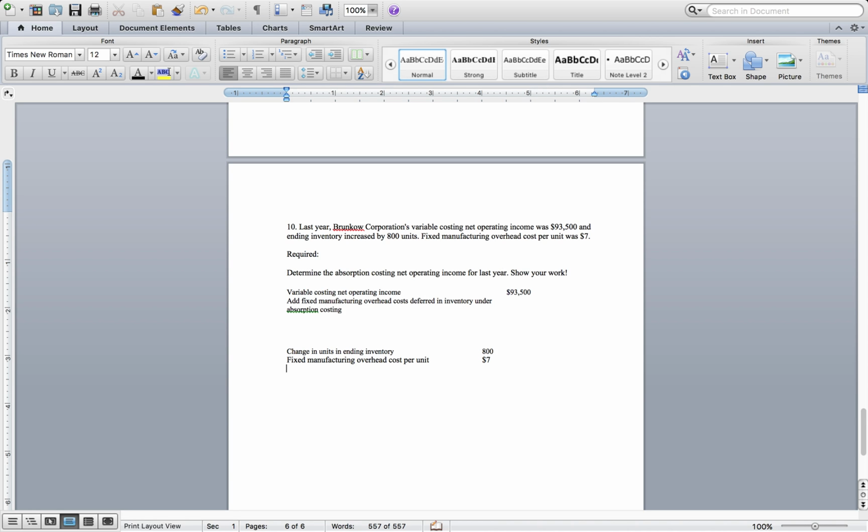So again, we're going to multiply those together. This will give you your change in fixed manufacturing overhead in ending inventory. When you multiply it together, the 800 times 7, that'll be 5,600. So go back up here, add the change right here, which is 5,600.